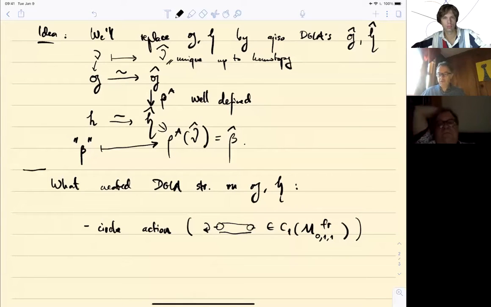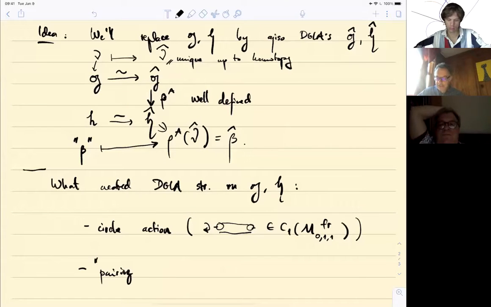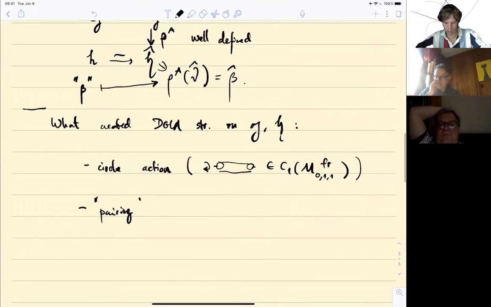So I could do it either on the chains on moduli spaces, because I know how to glue these things together, or I can look at its image into action on chains of the A infinity algebra, and that gives me the big B operator on Hochschild chains. The other thing that I had was a pairing, which I will put in quotes because it's not exactly a pairing when thinking about it on chains on moduli spaces.